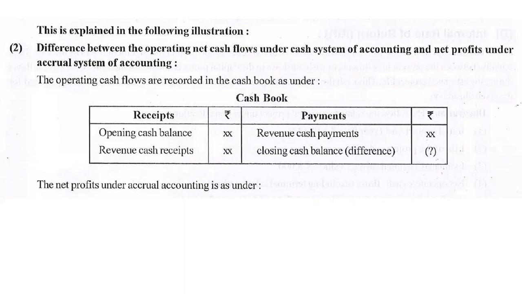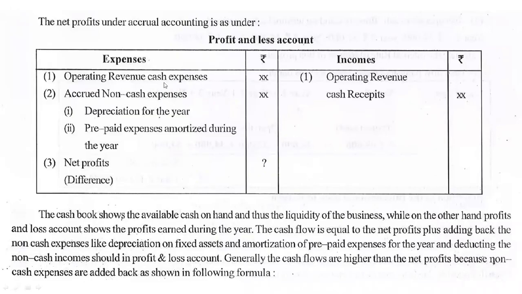In this type of system, you have to make the cash book, where you record whatever cash comes in as inflow and whatever cash goes out as outflow. For this, we have to prepare one profit and loss account. For expenses, we calculate the operating revenue cash expenses, then accrual non-cash expenses like depreciation for the year, then prepaid expenses amortized during the year, and the net profit.